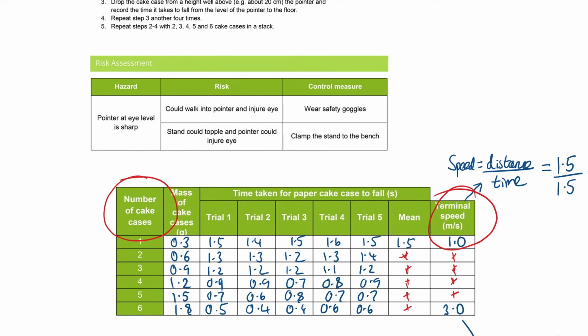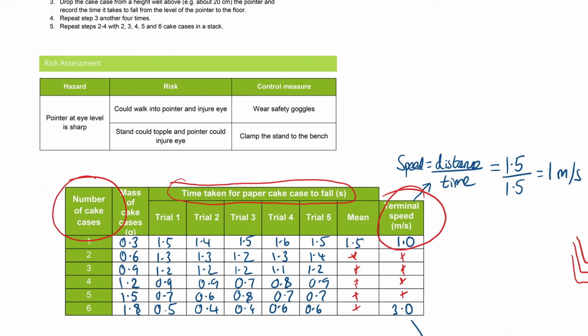And what we're doing is changing the number of cake cases and seeing how that affects the time taken for the paper cake cases to fall. It sounds a bit abstract at the moment because you haven't watched the video. Watch the video, use this data to help you write your conclusion.